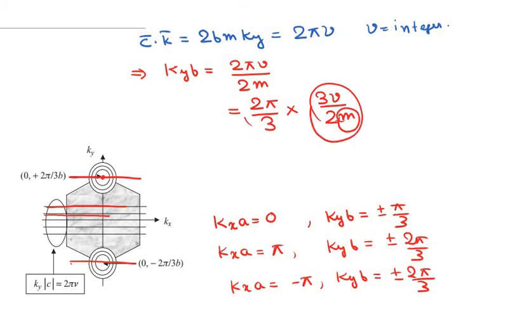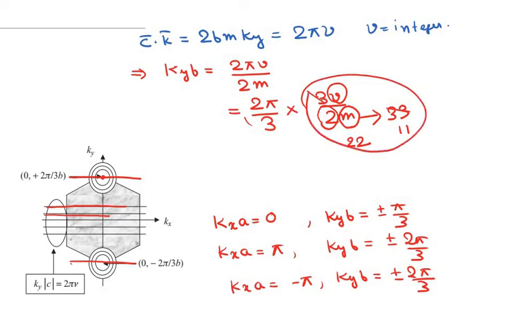Let me give you an example. Let us say m is equal to 33. In that case 3 and 33 give us 11, so we have a 2 over here, so the denominator becomes 22, and then for v equal to 22 this entire thing becomes 1.